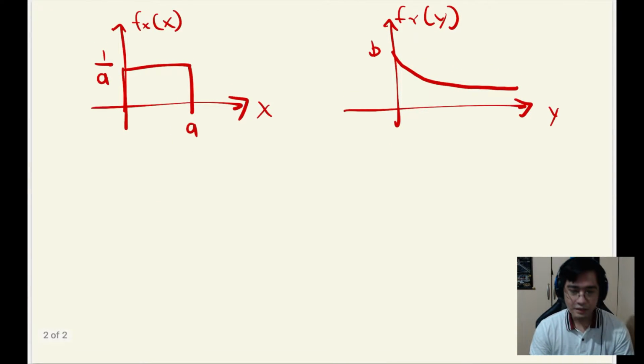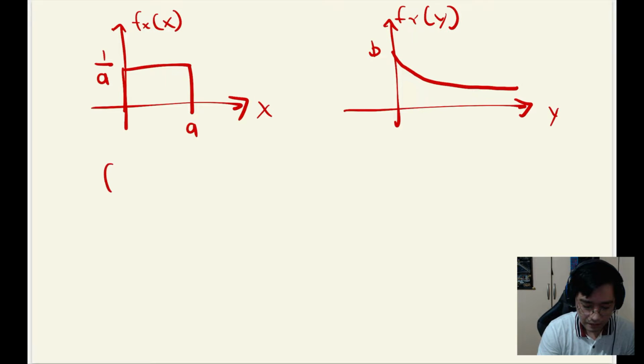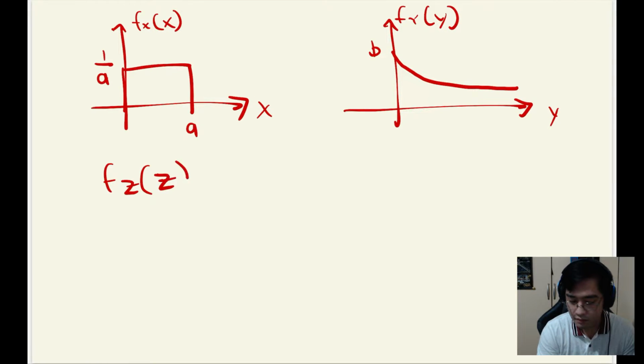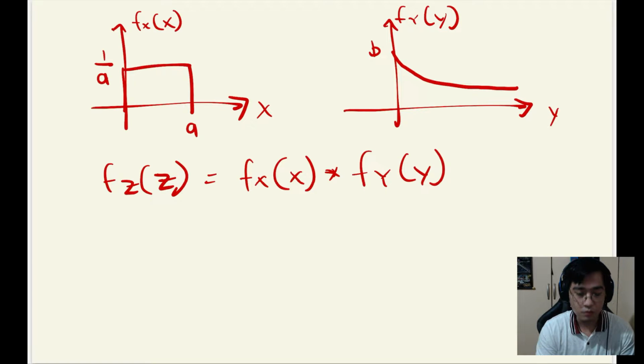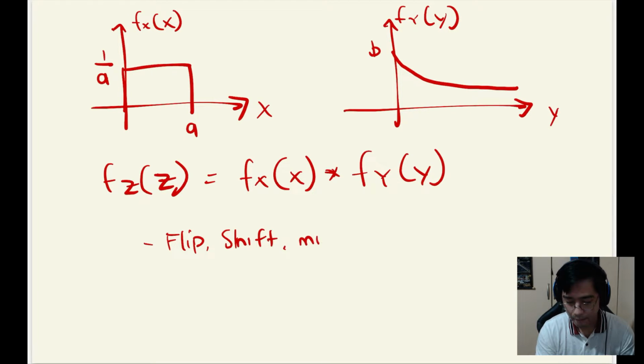To do this, we are getting the continuous convolution of these two functions. There are 4 steps to do the continuous convolution: flip, shift, multiply, and integrate.